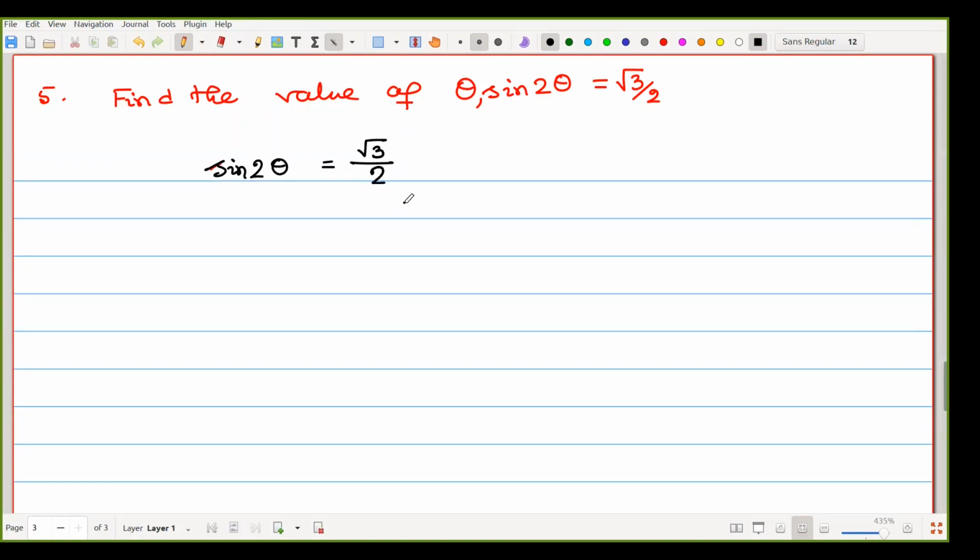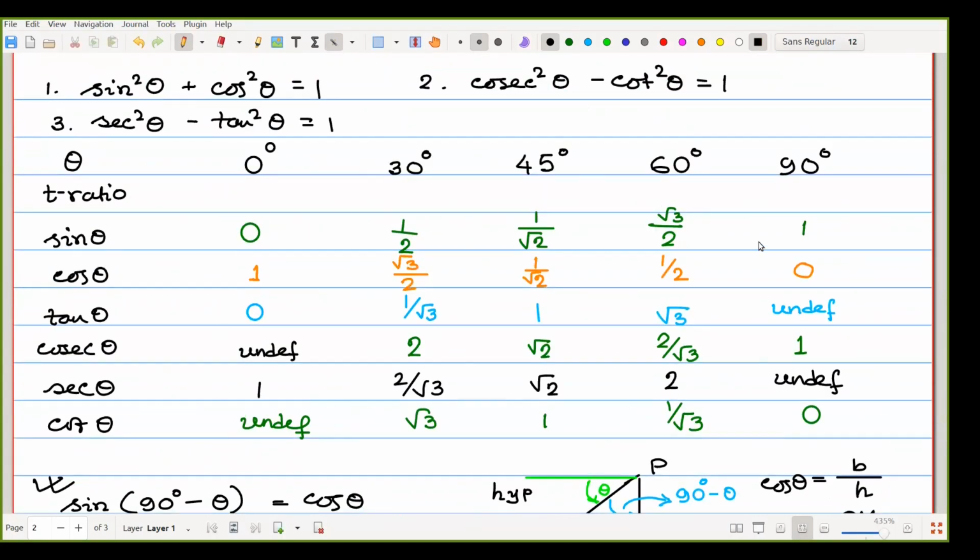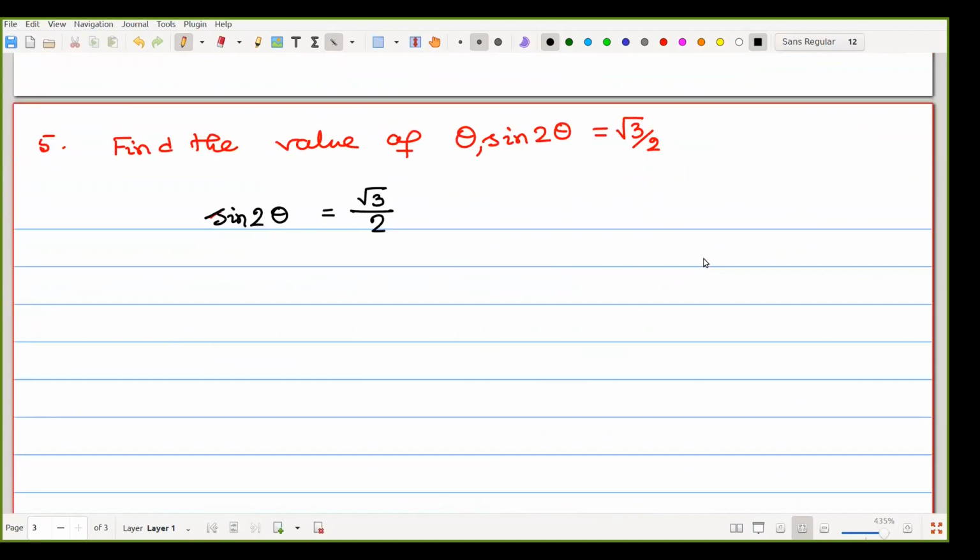Now look at the value of root 3 by 2 when it comes with sine theta. When we have sine 60 degree, that is giving us the value root 3 by 2. So here we have sine 2 theta is equal to sine 60 degree.